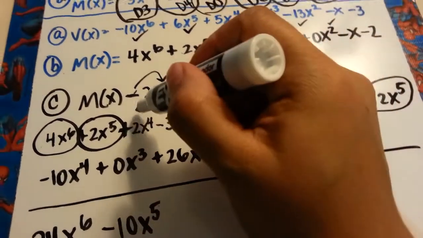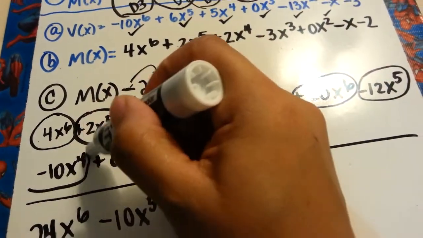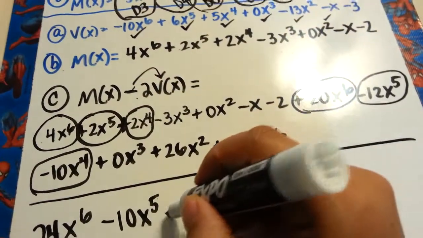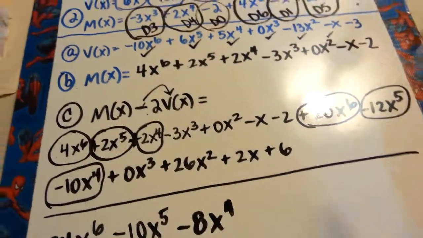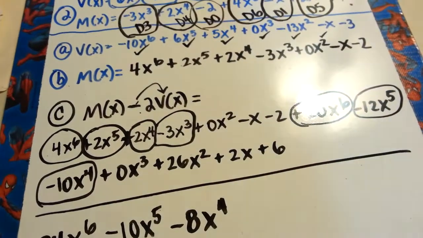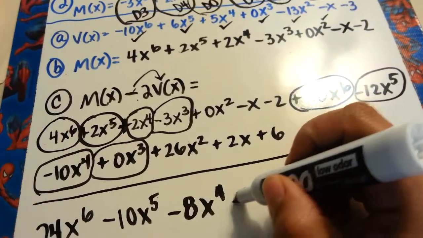Then x to the 4th. Positive 2, negative 10 is a negative 8. X to the 4th. Then this one, negative 3, x to the 3rd, with 0, negative 3.